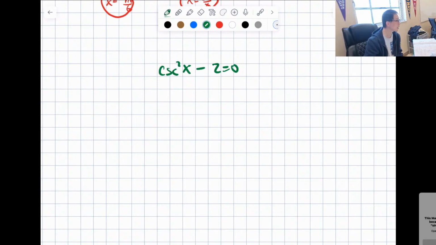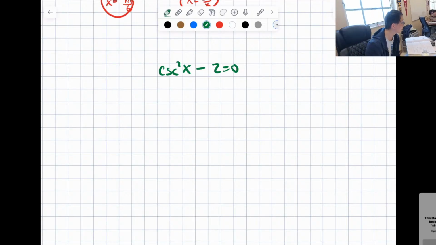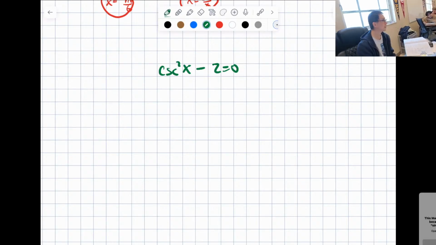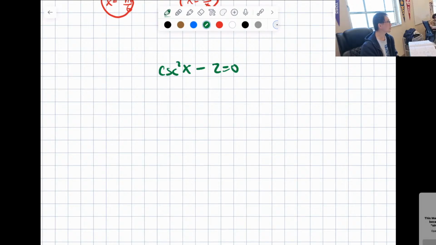A difference of squares. So what would be the factors? Cosecant x and negative 2 over... Almost. Minus what? Minus 1? No. Think about what squared gives you 2.